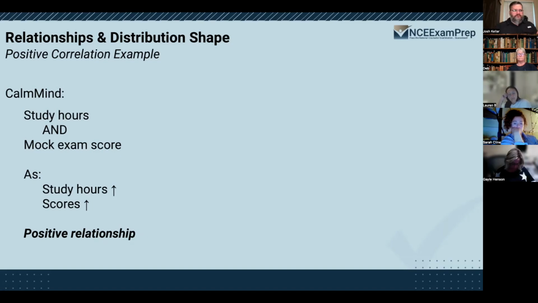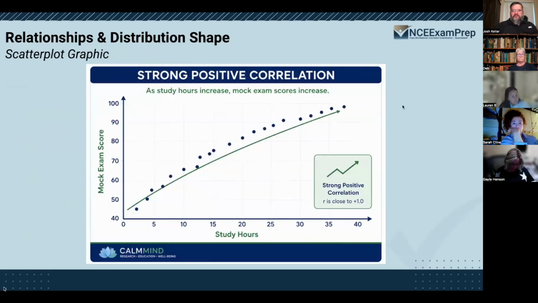If we plot it on a sample scatter plot, again all made up data, we see on the bottom axis that as study hours increase from 0 to 40, the mock exam scores also increase from 40 to 100. So it's a strong positive correlation.